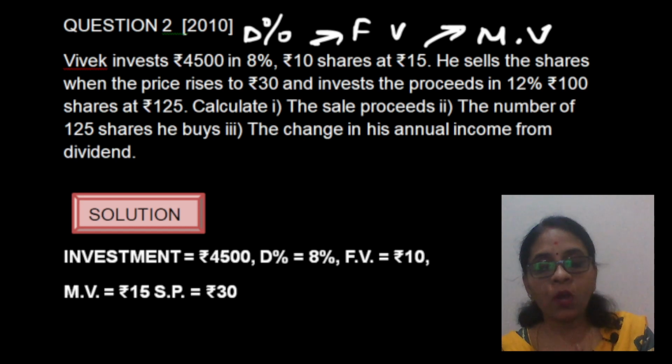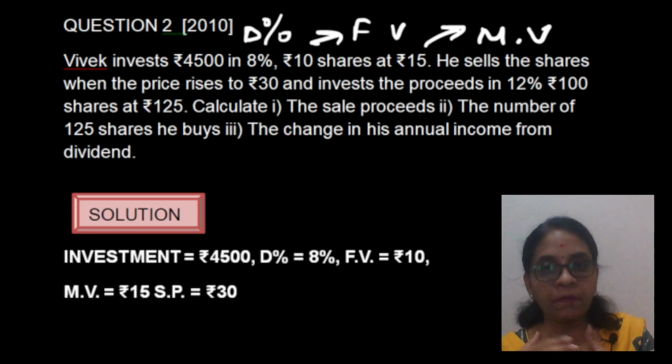For me that selling price will not be the market value. It will be the market value for someone else. For me, it is the selling price. So if you differentiate between selling price and market value in sale proceeds questions, that clears the only small confusion among students about selling price and market value.